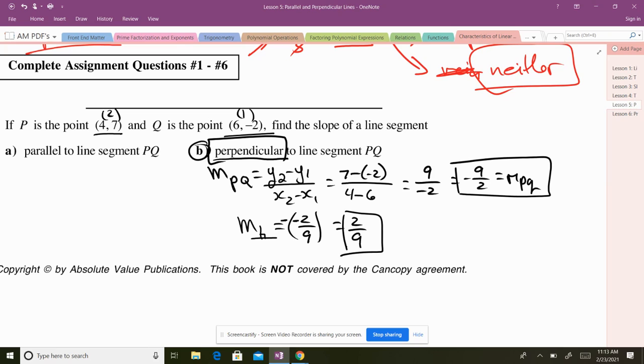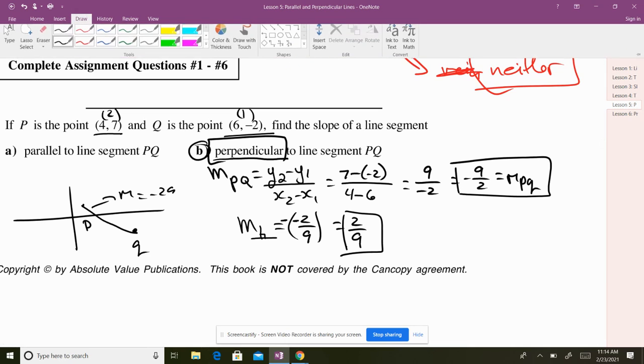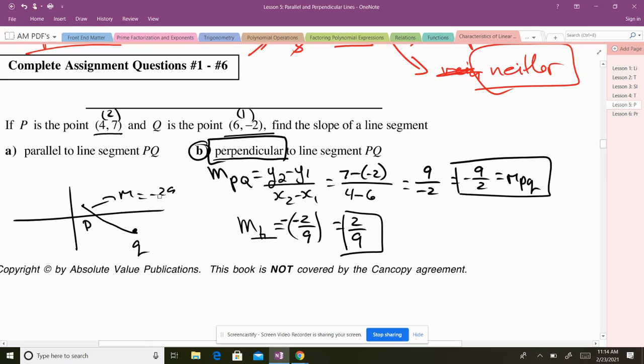So later on, this is going to be important because this will be the first step of a multi-step question. But if you want to find the slope of a perpendicular line segment, so here's PQ, P, Q. We have this line, which we're saying has slope negative 9 over 2.